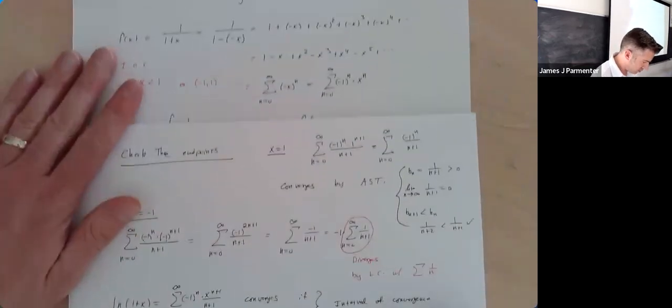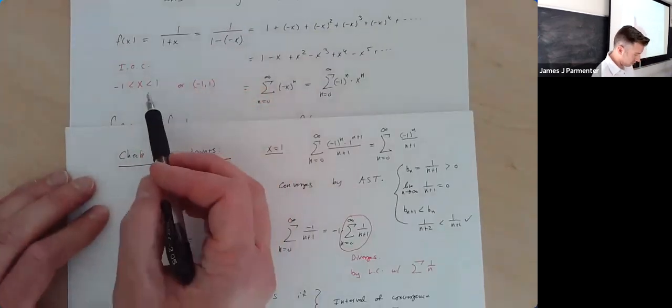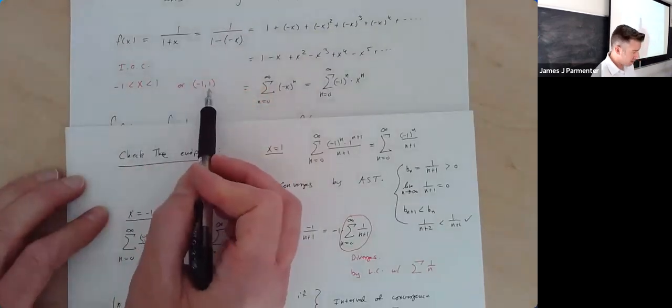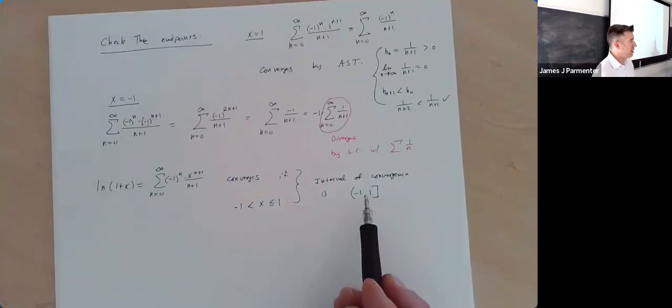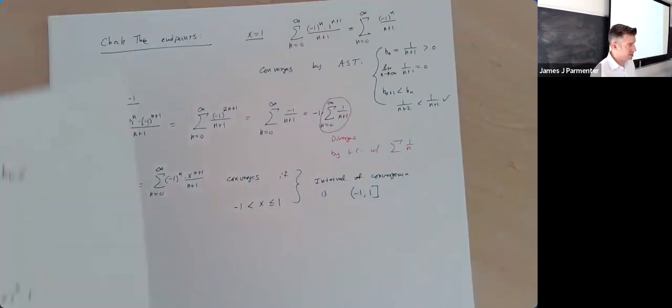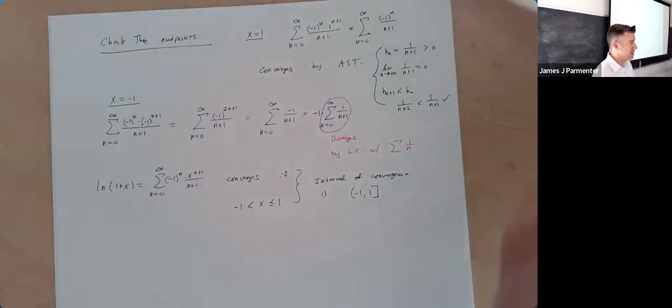The original series, 1 over 1 plus x, the interval of convergence was between -1 and 1. And here, it's almost the same, we're just including the 1. The length of the interval is essentially still the same. And this is actually always true whenever you differentiate or anti-differentiate a function. Its interval stays the same, except you might have to include or exclude an endpoint that you didn't have to before.